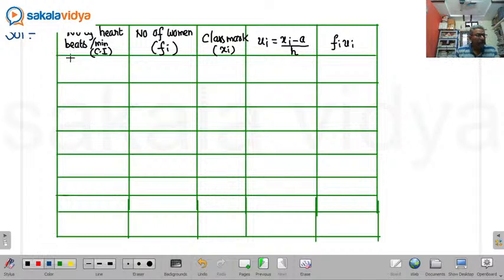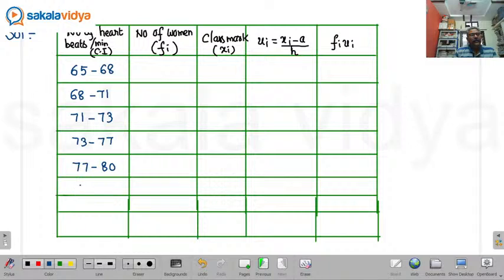Now write down: 65 to 68, 68 to 71, 71 to 74, 74 to 77, 77 to 80, 80 to 83, 83 to 86.